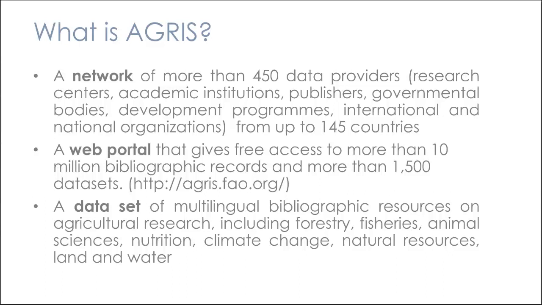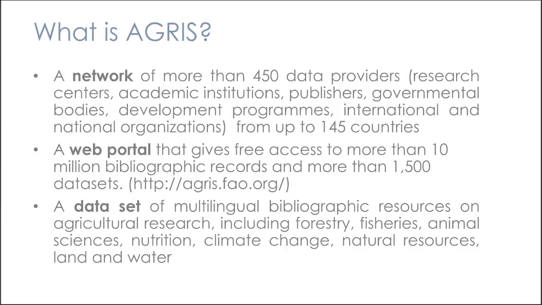AGRIS is also a web portal that you probably already know that gives free access to more than 1 million bibliographic records, and also to more than 1,500 data sets. That is actually a new functionality that has started this year. The web portal AGRIS can be used by everybody without registration or payment. Everybody can go to AGRIS and look for the bibliographic records that are there.